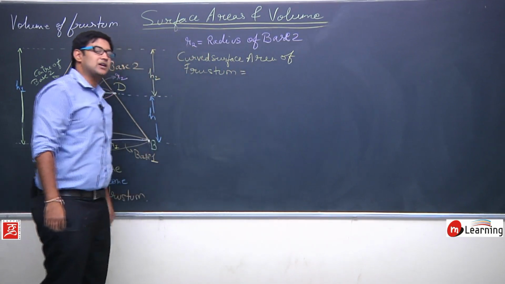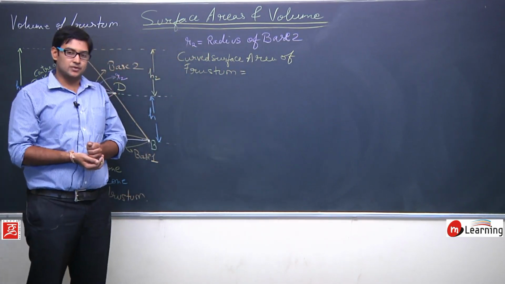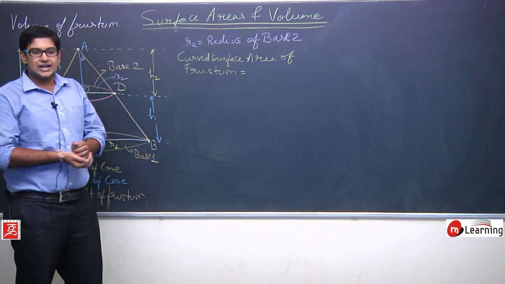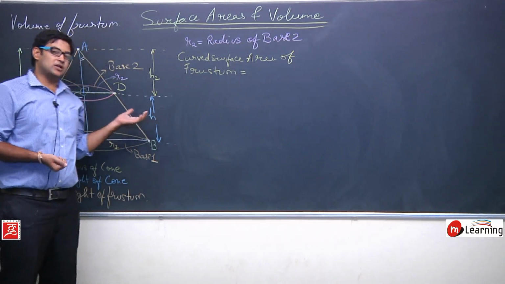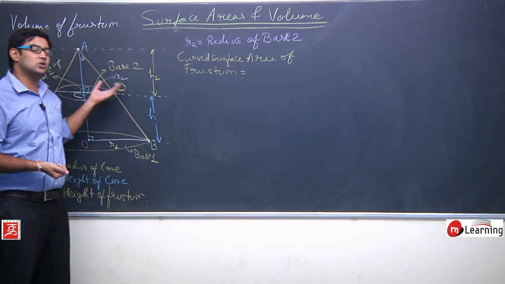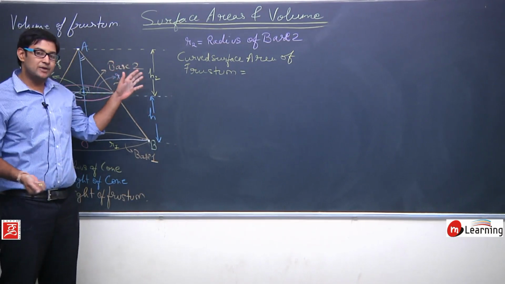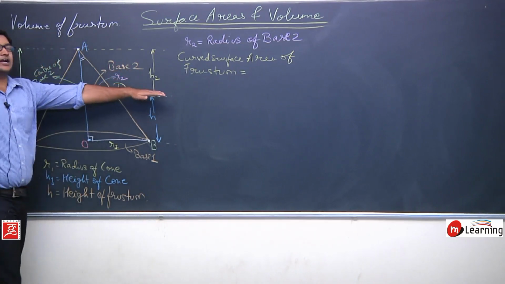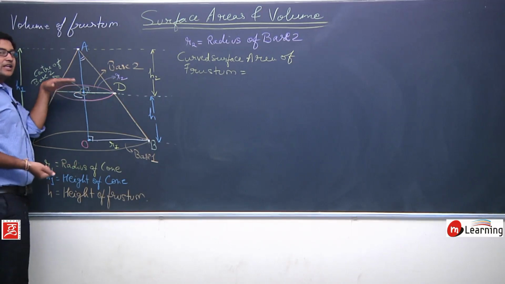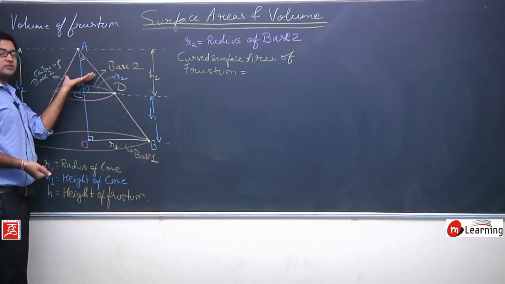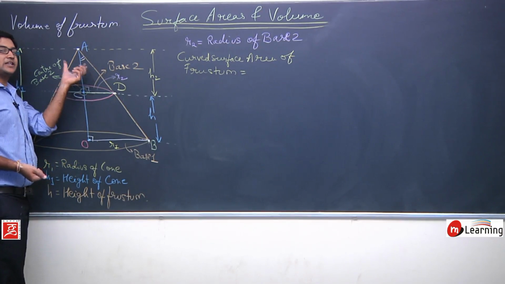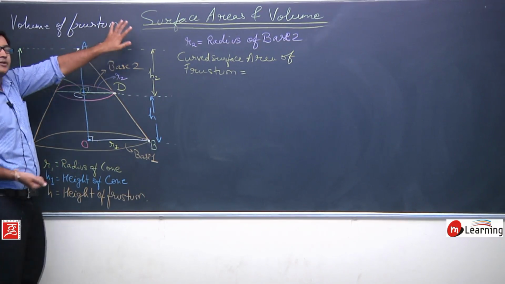Now, what should be the curved surface area of frustum? I can again see that this frustum is formed by cutting this cone into two parts. It means if this cone is cut from this line, then the curved surface area of this smaller cone will be removed.